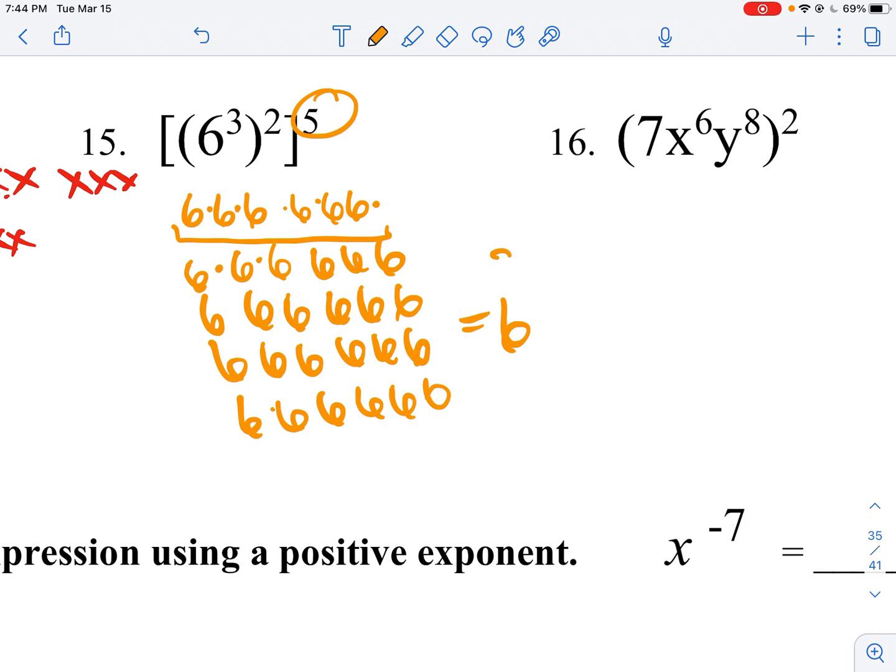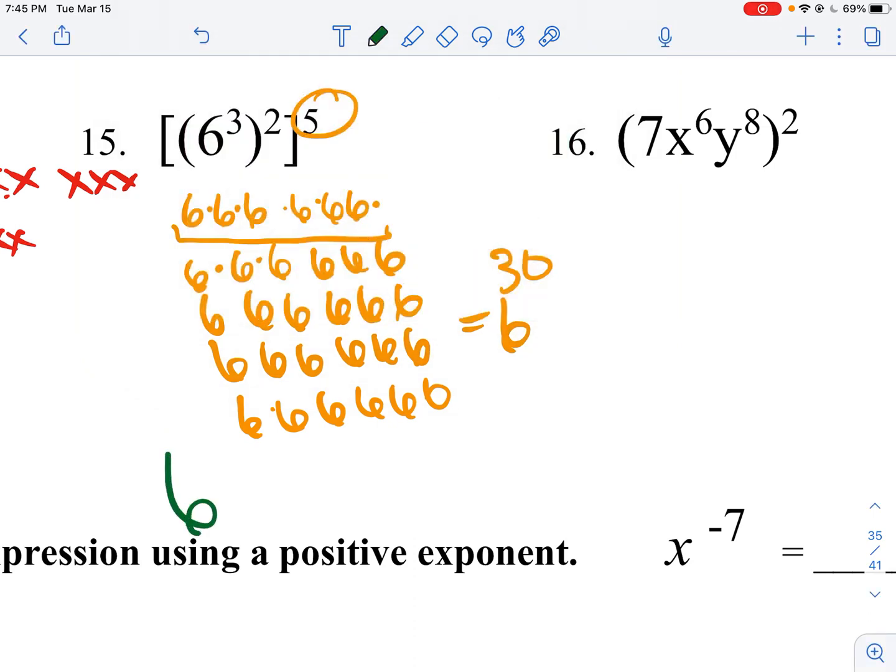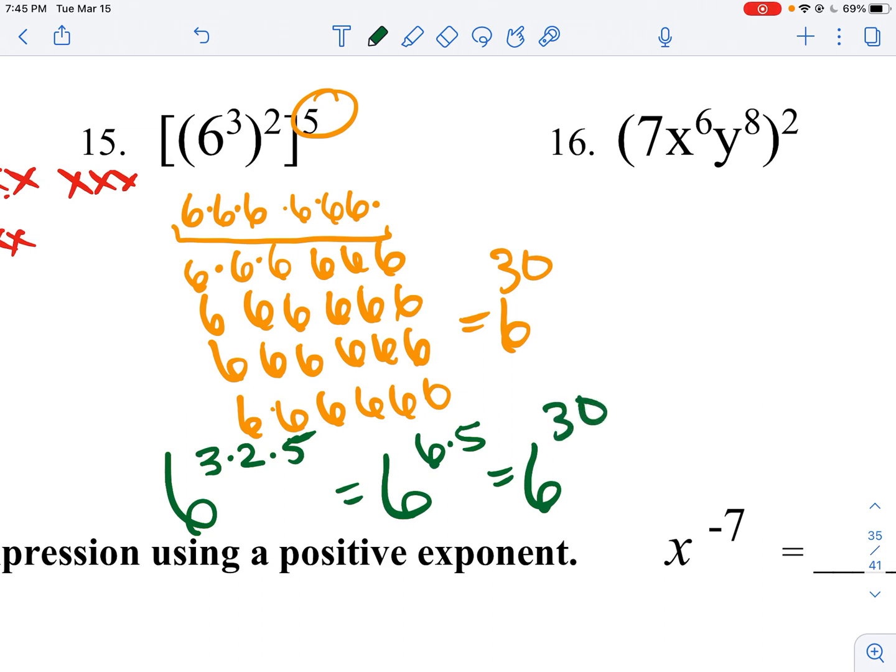This is a 6 by 5, so that's going to be 30. Now, if I did it the property way, I would take 3 times 2 times 5, which is 6 times 5, which is 30.